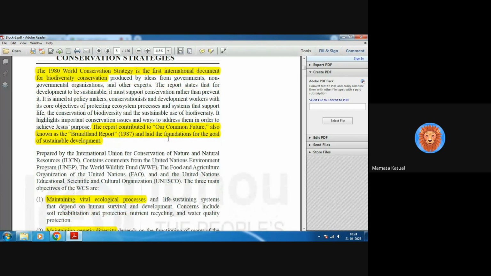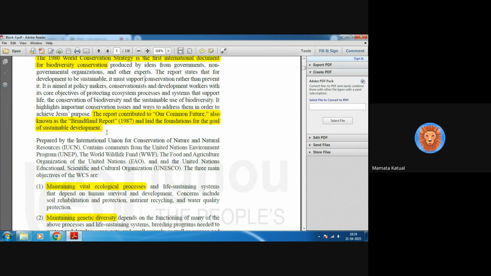So what is common future? All the organisms have a common future. If other organisms die, then there is also no future for human beings. That is known as common future, which means a common future for all the organisms on the earth. And this report is known as the Brundtland report.